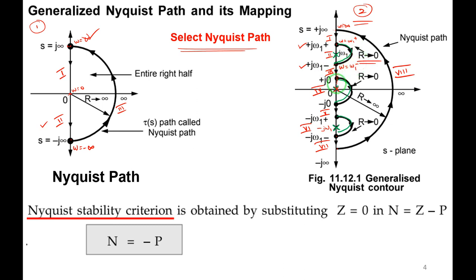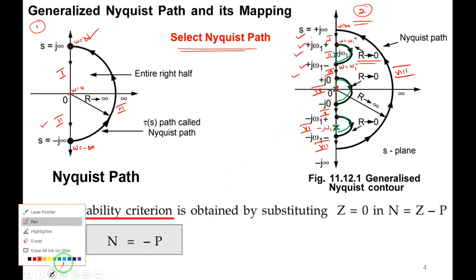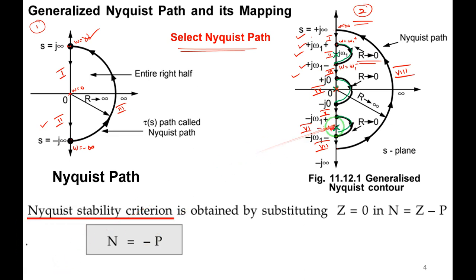Similarly, section 3, section 4, section 5, section 6, section 7 and section 8. But if I draw the polar plot for section 1, section 2 and section 3, that is sufficient. Okay, section 4 also is required. And section 5, you can observe here, section 5 is the mirror image of section 3.